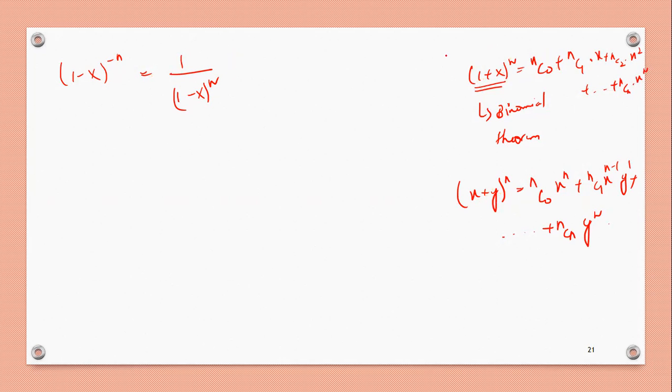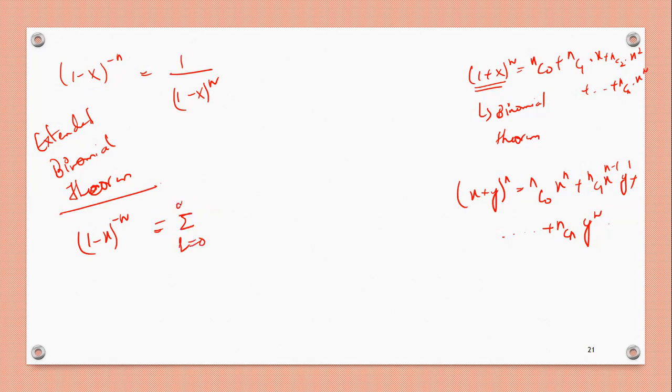But here, instead of positive power, we have negative power, and this is actually known as extended binomial theorem. Extended binomial theorem is given as follows. R is equal to 0 to infinity.